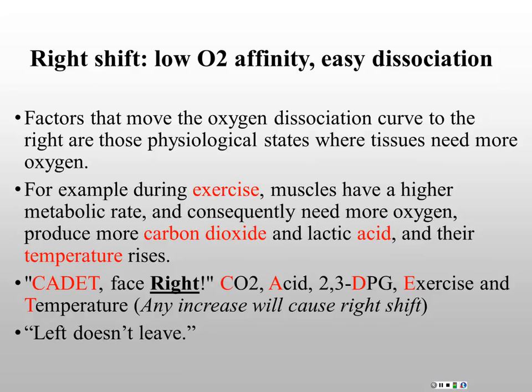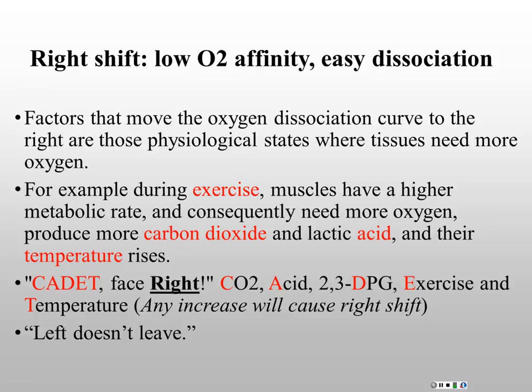So when you exercise, there is a right shift of the oxygen dissociation curve. Exercise, increased temperature, and acidosis cause this shift. If you want to remember it by mnemonic, the C stands for increased CO2, increased acid, which is lactic acid or acidosis, 2,3-DPG, and exercise. All of these causes, along with temperature, can cause a right shift, which will allow easy dissociation.